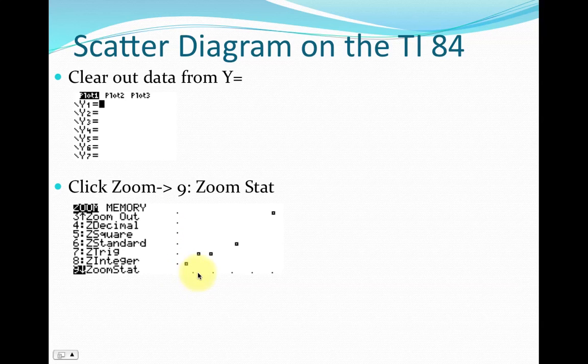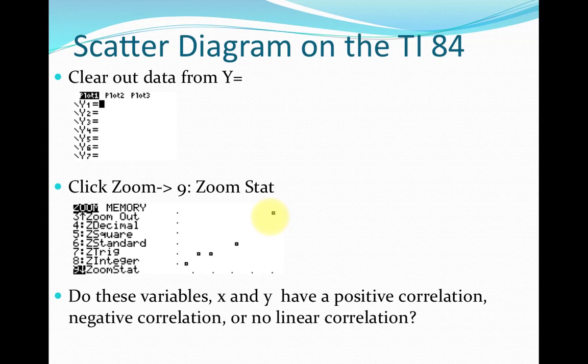So we have low values of x with low values of y, these dots right here, and we have high values of x corresponding to high values of y right here. So do these variables x and y have a positive, negative, or no linear correlation? You should be able to see visually, because it's going upward from left to right, low x, low y, high x, high y, that is a positive correlation.